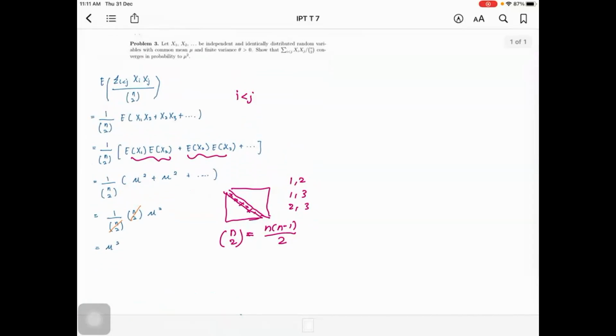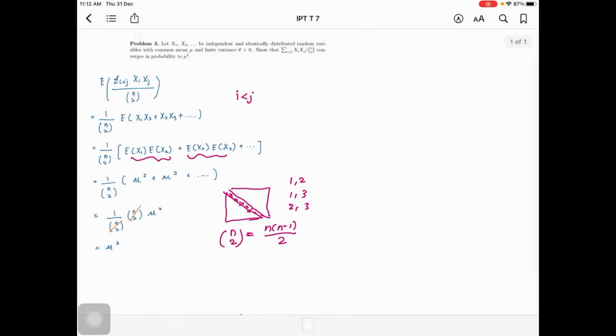So over here, yeah. So first we want to show convergence in probability. So we want to show that the probability that this term, the sum of XiXj divided by n choose 2 minus mu squared, the absolute value of it greater than or equal to epsilon, that probability converges to 0, right?